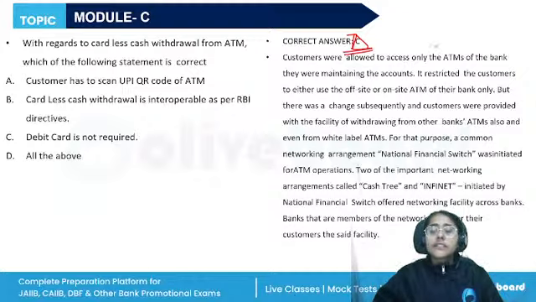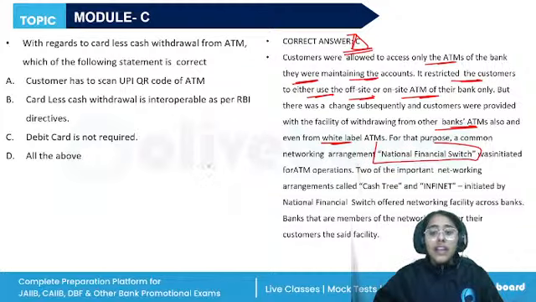All right, so the customers were earlier allowed to access only ATMs of the bank in which they were maintaining the accounts. It restricted the customers to either the off-site or on-site ATMs, but now changes have been made. Customers have the facility of withdrawing from other banks' ATMs and even from the white label ATMs. This is because of the National Financial Switch, NFS.